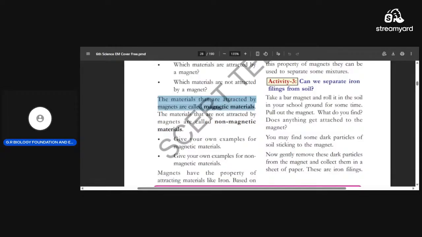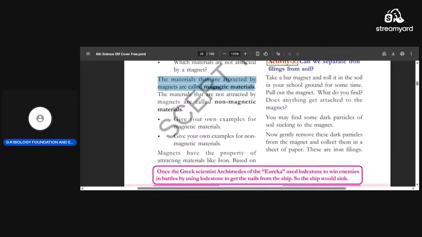Do you find some dark particles of soil sticking to the magnet? Yes, we found that. So those are iron filings. Now gently remove these dark particles from the magnet and collect them on a sheet of paper. These are what we call iron filings.